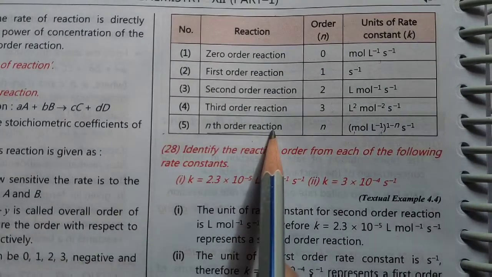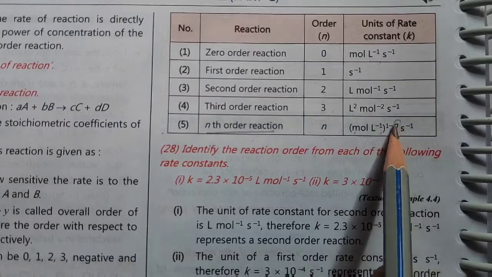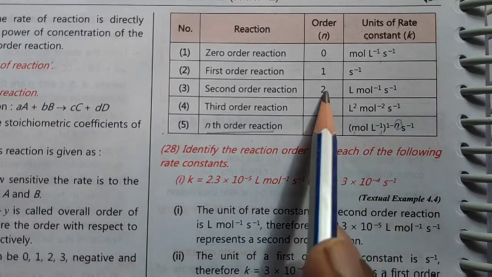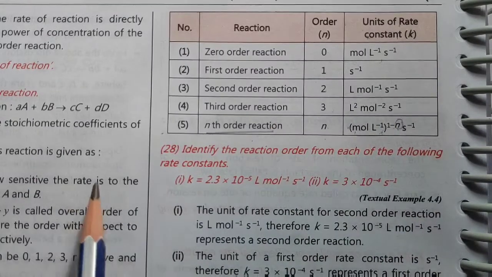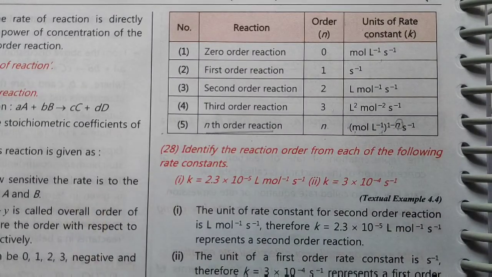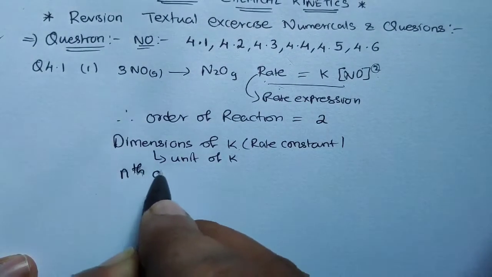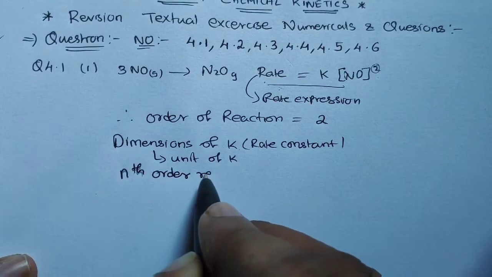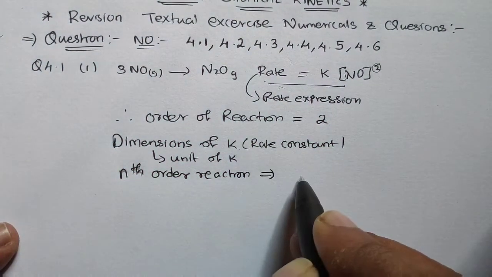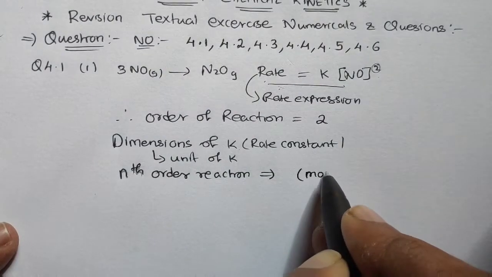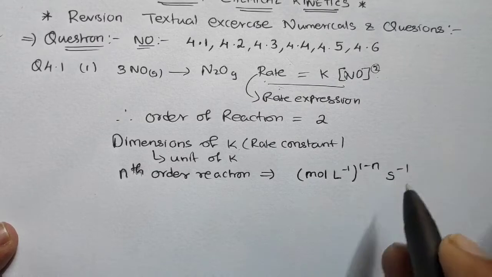This formula we are going to use, the unit of rate constant for nth order. Instead of n, if the order of reaction is 2, you can write 2 here. So this formula we are going to use to solve this question. The formula for nth order reaction is mole liter inverse raised to 1 minus n, second inverse.